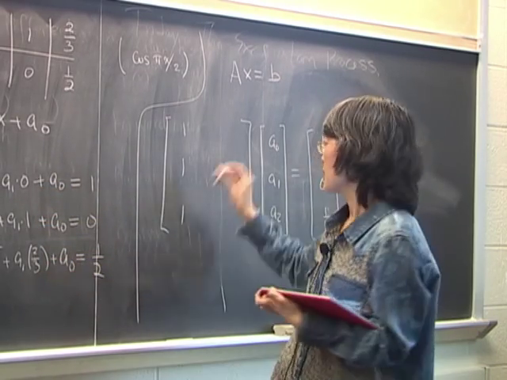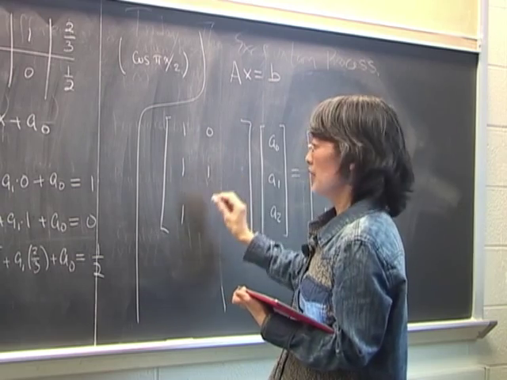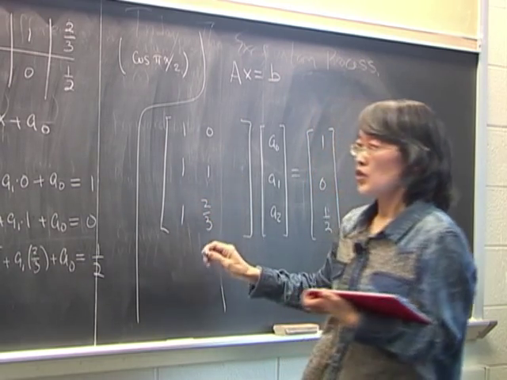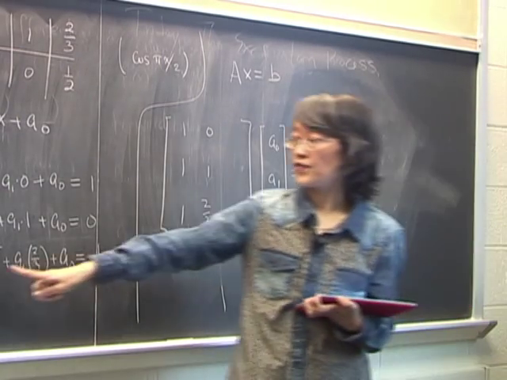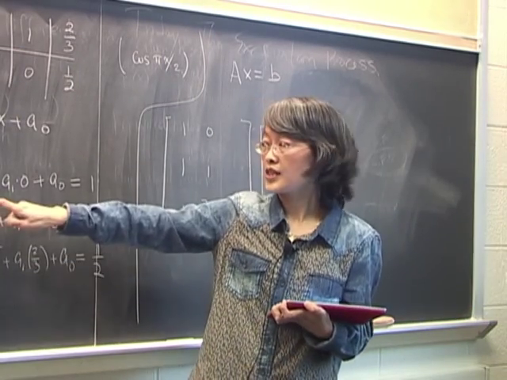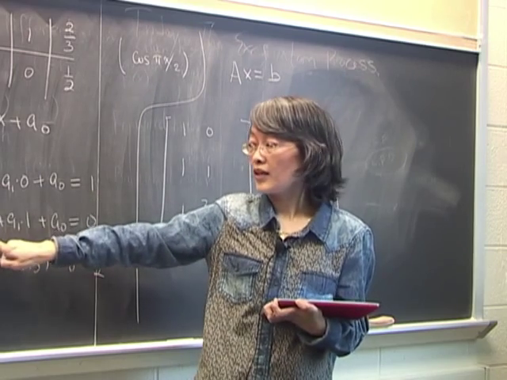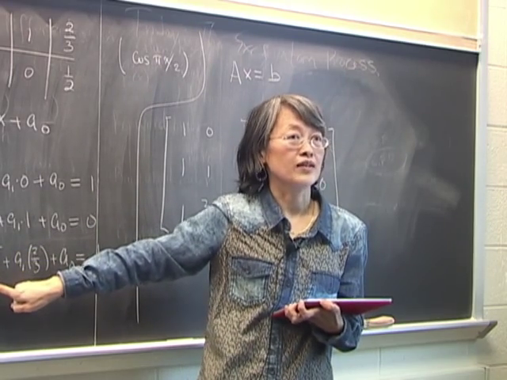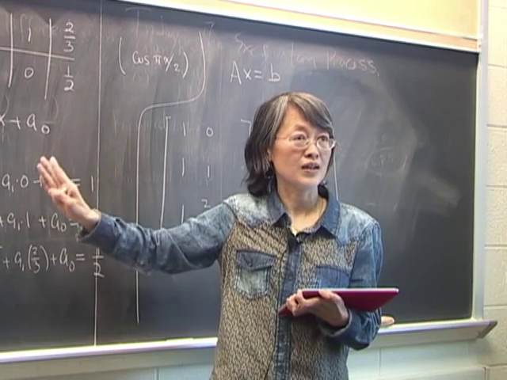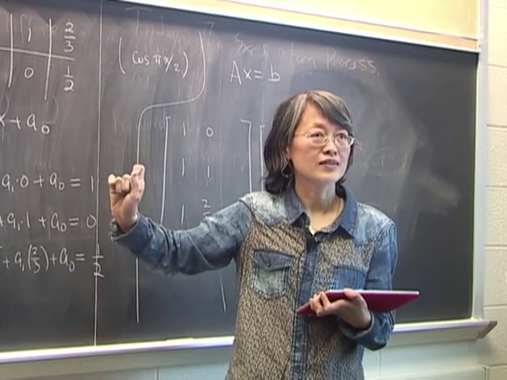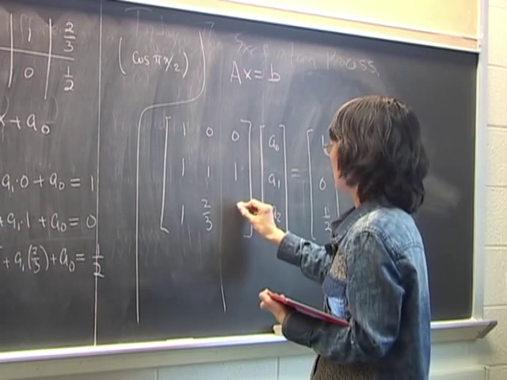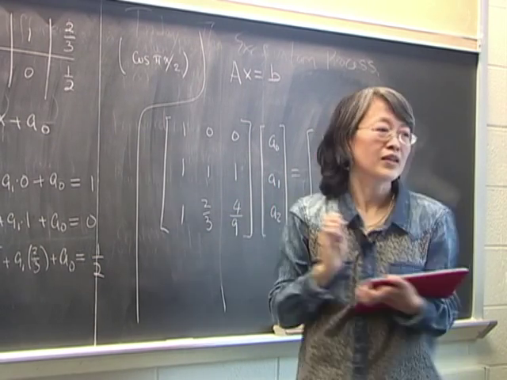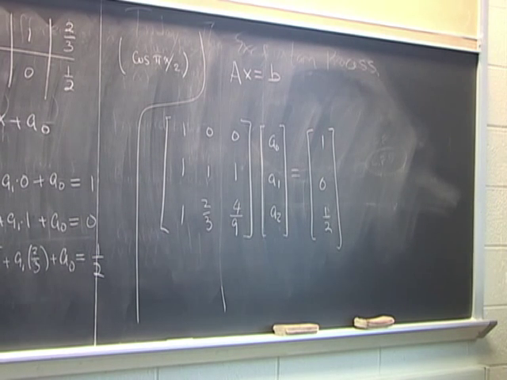Do we see the pattern? Let's put in 0, 1, 2/3. So what's the third column? What's in front of a2? Do you see? x0 squared, x1 squared, x2 squared. Right? Those numbers are dummies, right? Agree? So 0, 1. Okay, let's put in the numbers. They're not dummies, they're important because I need to solve it.